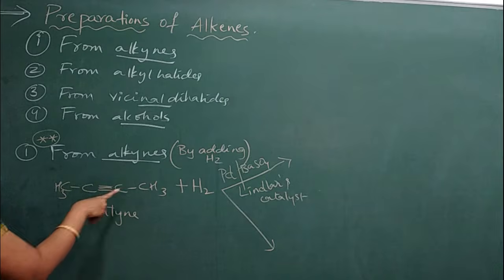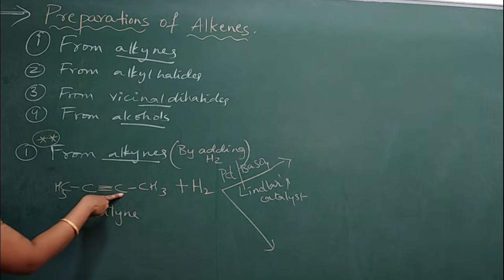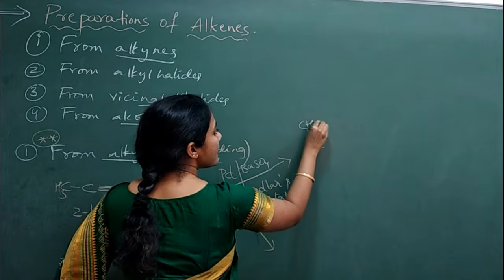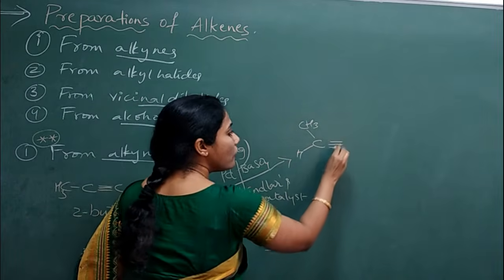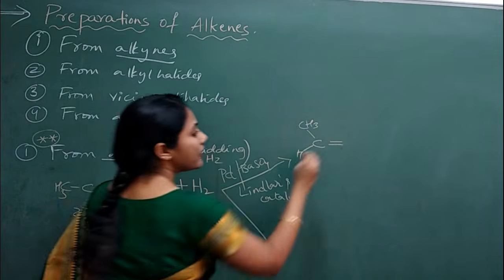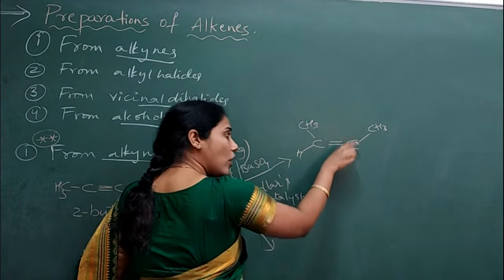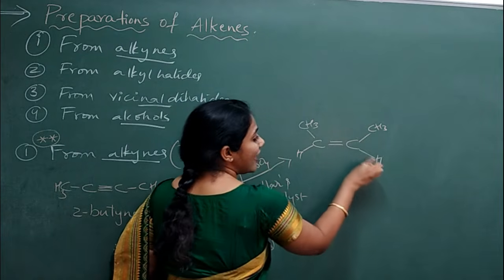You see here, I'll add one hydrogen to one carbon, the other hydrogen to the other carbon, right? So you will get the product CH3, H I added to this carbon. Triple bond will become double bond. Right, and then CH3 I'll write here, which was already there on this carbon, and the other H that was added I'll write it here.